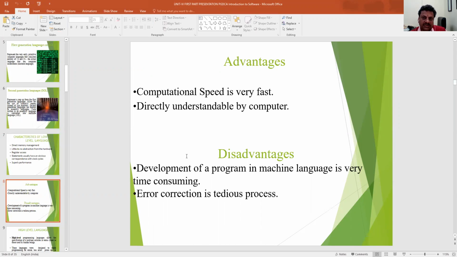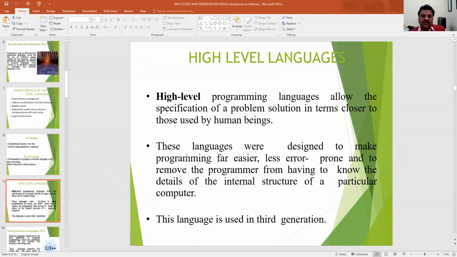It is more complex. High level languages are programming languages that allow specification of a computer solution, or you can also say problem solution, in terms closer to those used by human beings. These languages were designed to make programming far easier, less error prone, and to remove the programmer from having to know the details of the internal structure of a particular computer.